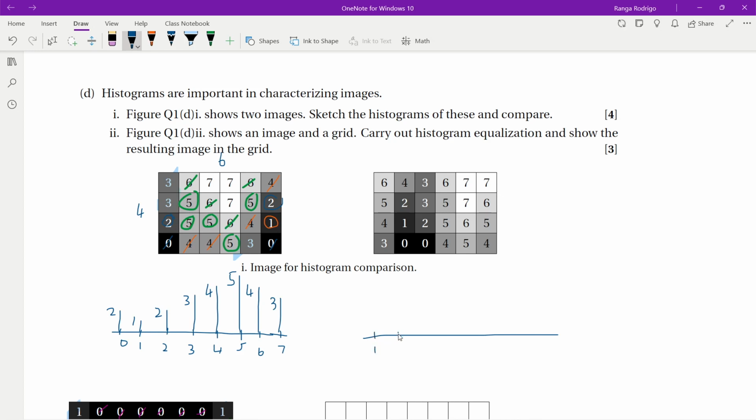1, 2, 3, 4, 5, 6, 7. So with pixel intensity 1, there is 1.